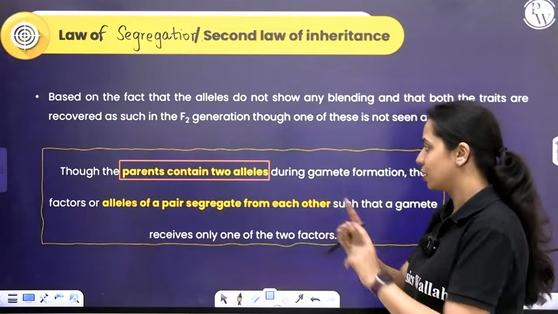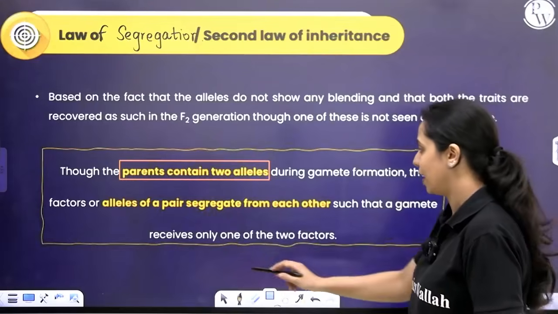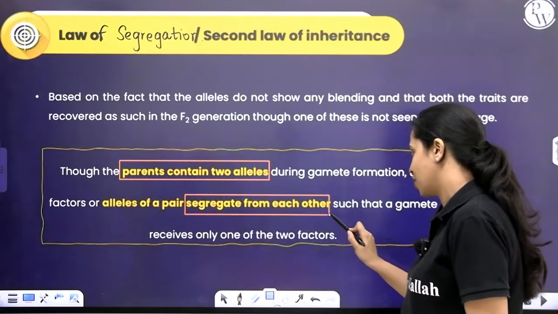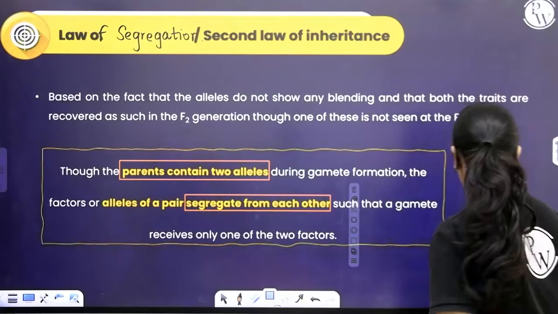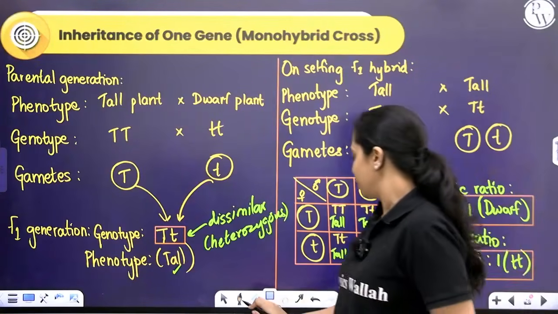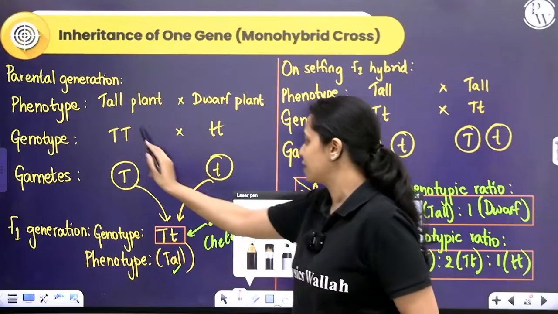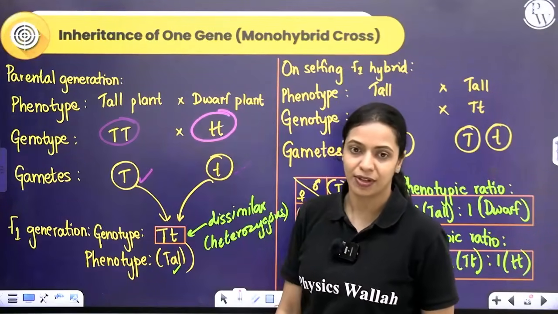Even though the parents contain 2 alleles, during gamete formation, the factors or alleles of a pair segregate from each other such that a gamete receives only one of the 2 factors. We did see that here. Parents have 2 alleles, but in the gametes, only one allele is getting passed on.